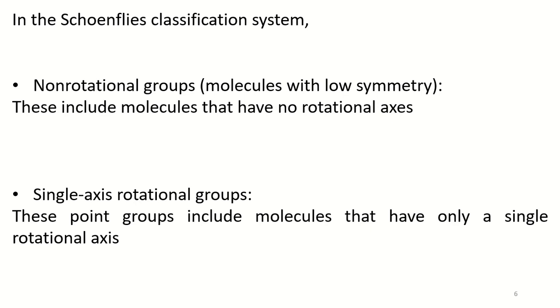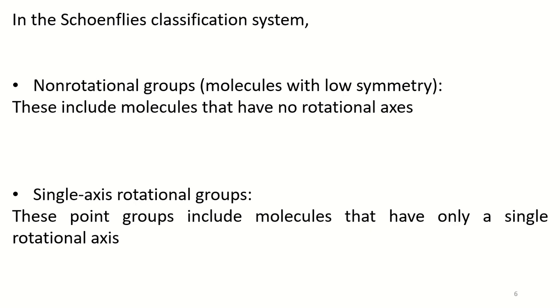There may, however, be more than one type of operation that can occur around this axis. For example, it can have collinear C3 and S6 axes, and we will discuss the details of single axis rotation groups in the next lectures.